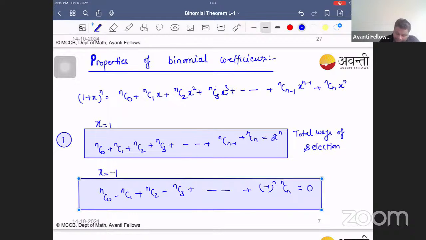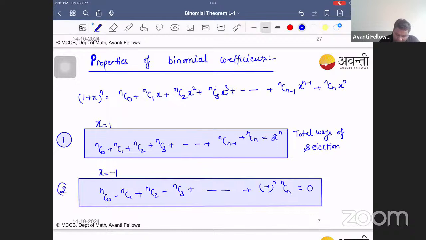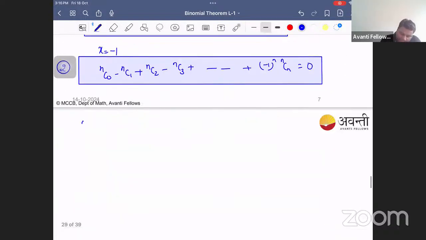Got it? So nC0 minus nC1 plus nC2 minus nC3 up to minus 1 to the power n nCn is 0. Now, if I add both of them, add 1 and 2, what do you get?